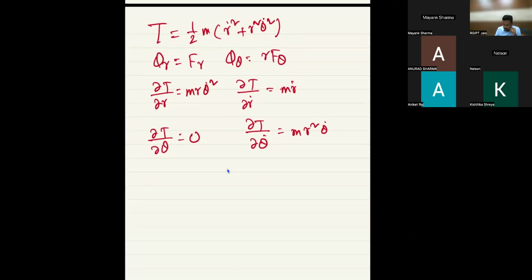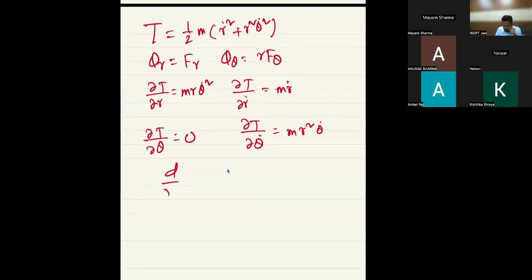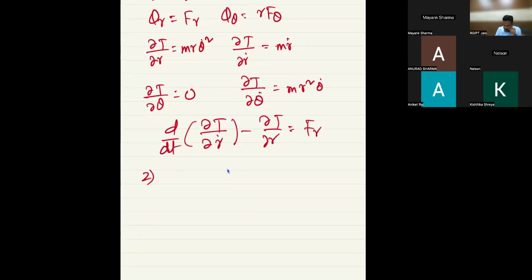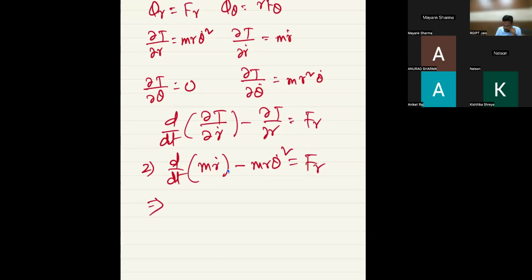So what will be the equation of motion? d/dt of del T del r dot minus del T del r is equal to F r. So d/dt of m r dot, minus the term with r theta dot square, is equal to F r. So you get m r double dot minus m r theta dot square equals F r.